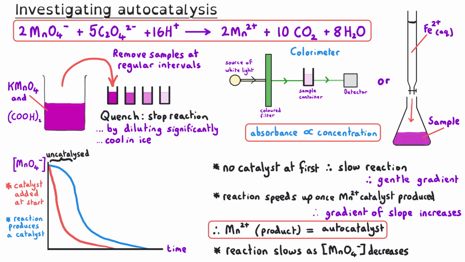And this is proving that the reaction is making its own catalyst. In other words, the manganese 2 plus product is acting as an autocatalyst. And then, as with the catalyzed reaction, this reaction would slow down as the manganate 7 ion concentration decreases, and eventually the reaction would come to a finish.